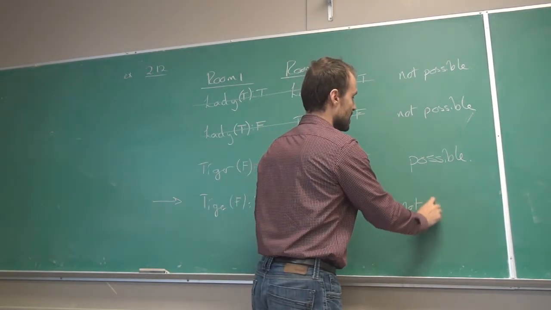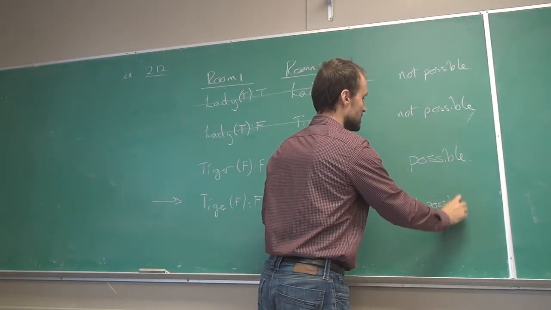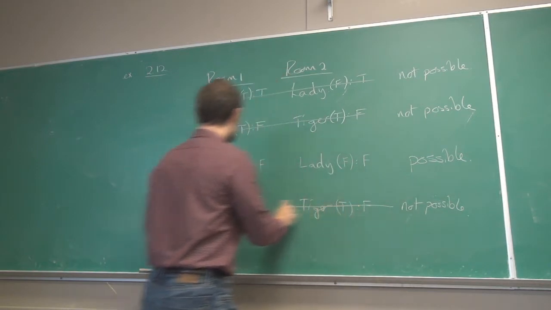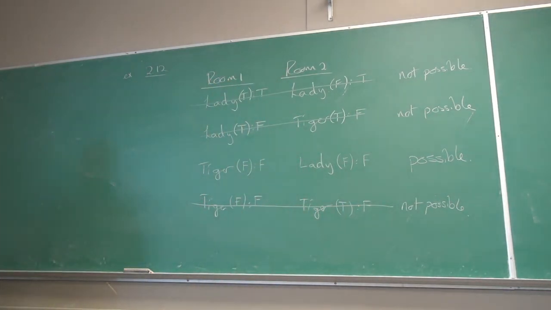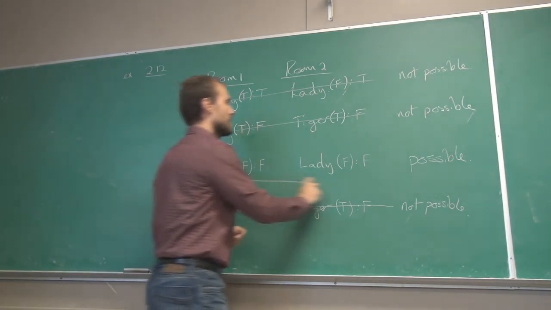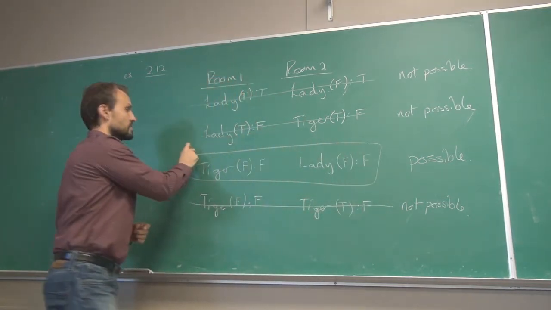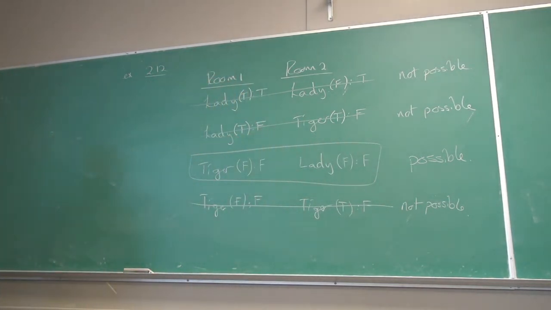Not possible. Therefore, the only possible scenario is a tiger in room 1, a lady in room 2. I have to conclude that that is what's happening, because nothing else could happen. What you're left with has to be the answer.